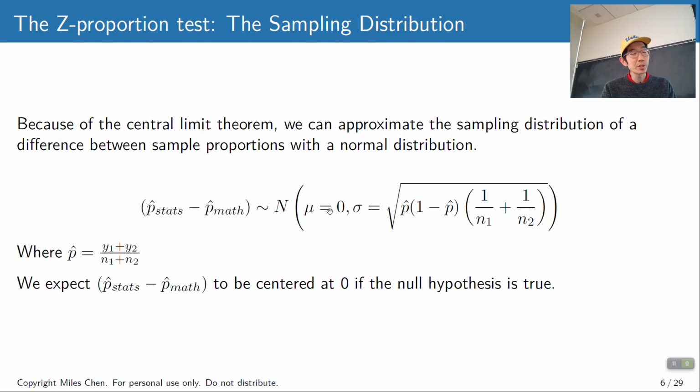That normal distribution will have a center at 0, because we're drawing two random samples from basically the same population. What kind of difference would you expect? We expect differences around 0. The standard error is given by this formula, and you have to do some calculations.